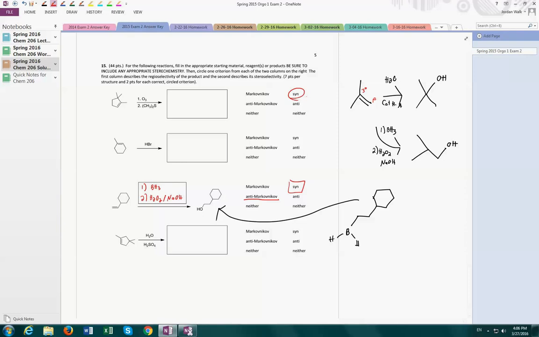So mechanistically, some of them could be syn, but then the product ends up being weak. Right, and it's like when we did a bromination. So for example, in a bromination reaction, we could end up with this product, or really I guess a better example would be to do that. And so we'd end up with this product plus this product, and so ultimately that would be plus an enantiomer.